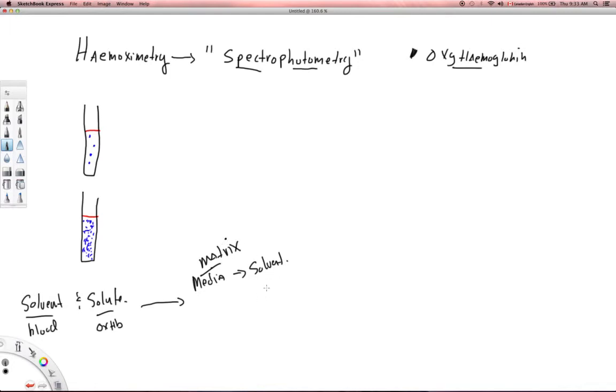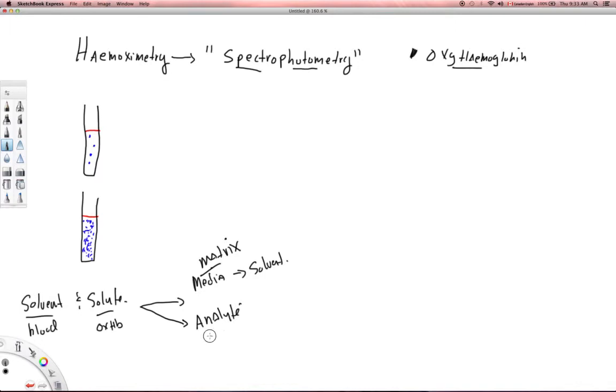So you're not necessarily interested in all the other stuff in the blood. We're interested in the oxyhemoglobin because that's what we're trying to analyze. So the thing of interest, the solute, if you will, is what we call the analyte in lab quote-unquote terminology.